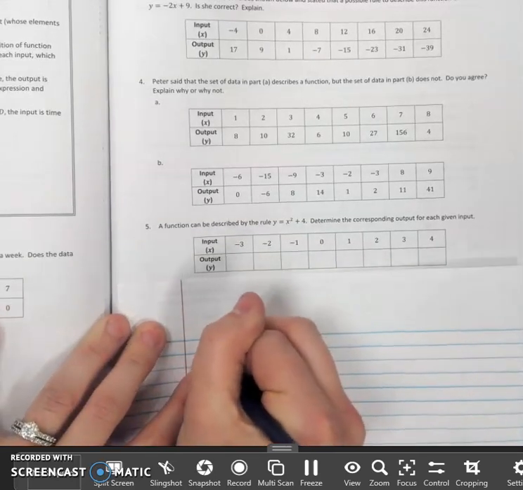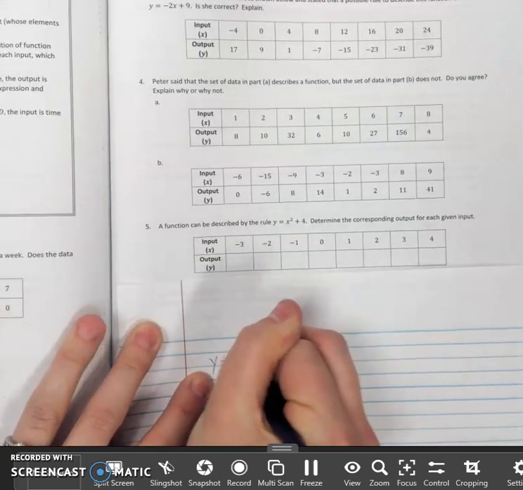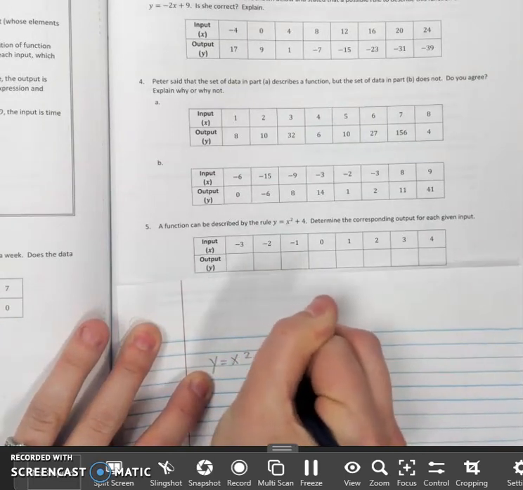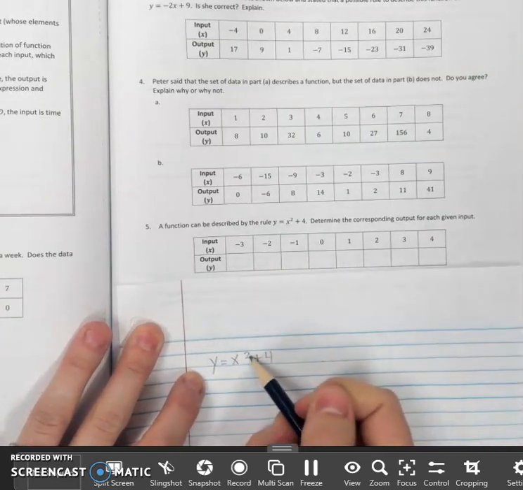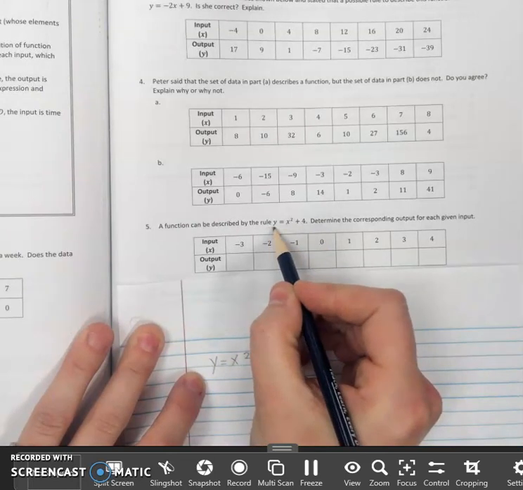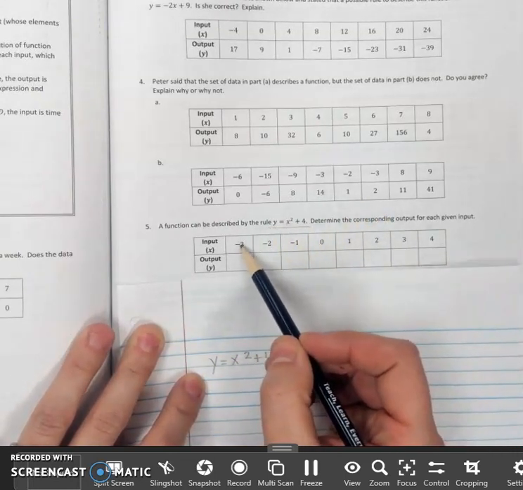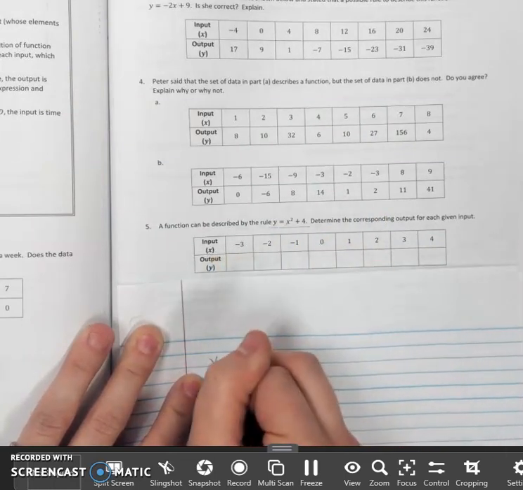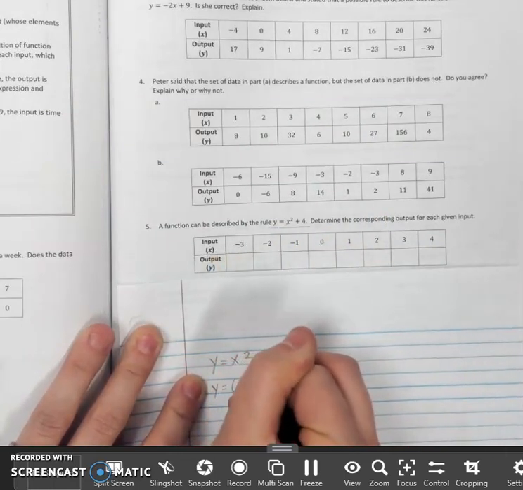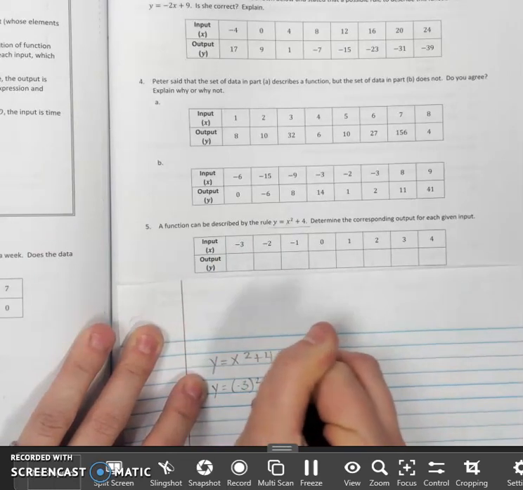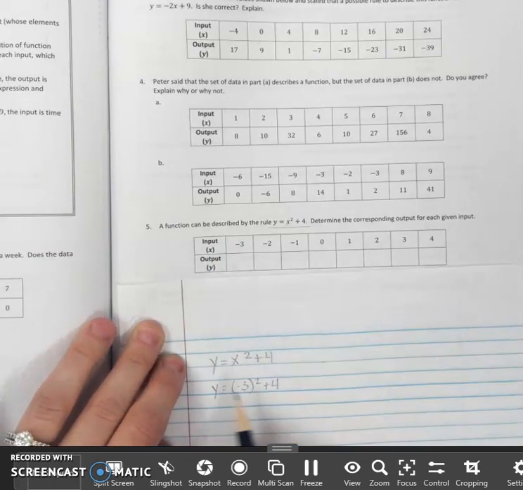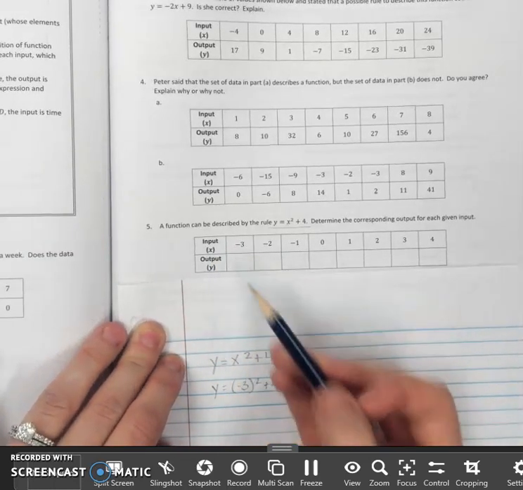The first step is always to rewrite our equation: y equals x squared plus 4. I know that because it's right here laid out for me. So I'm going to do an input. I'm going to plug in negative 3 for x, and I'm going to solve. And when I solve, I'm going to find out my first value of y.